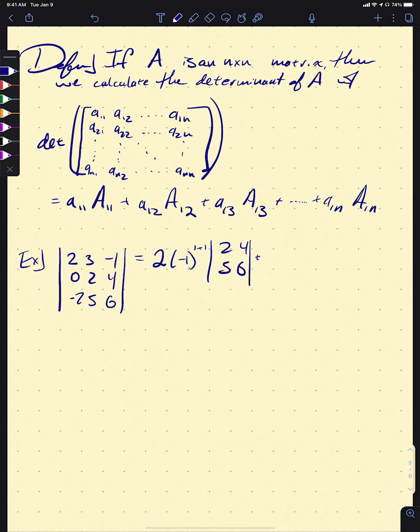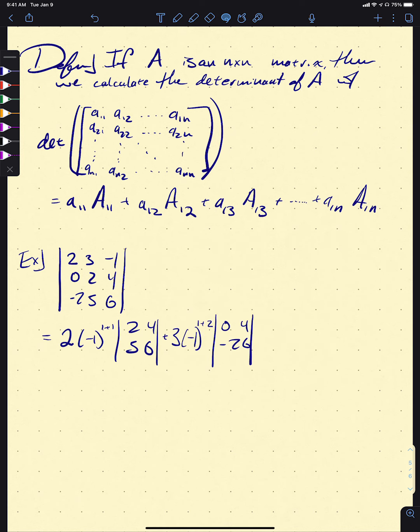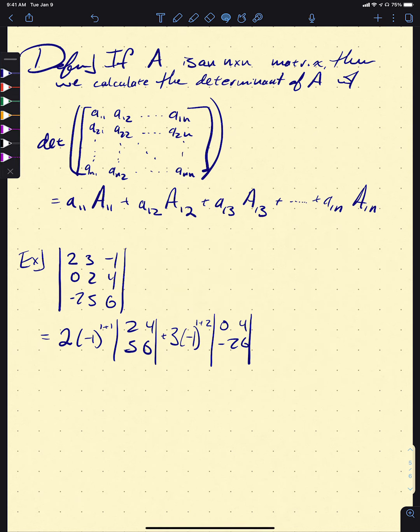And then we're going to add 3 times negative 1 to the 1 plus 2, and that gets multiplied by the determinant of the leftovers from this, so 0, 4, negative 2, 6. I guess we'll move this down here for the sake of room.